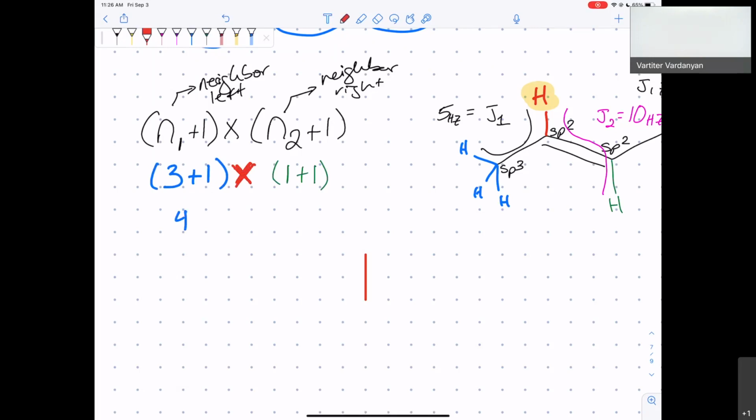What is 1 plus 1? 2. The name of this is not just going to be a multiplet. It's going to have a super fancy name. So I'm going to pause here, do the tree diagram, and then go back to the name.